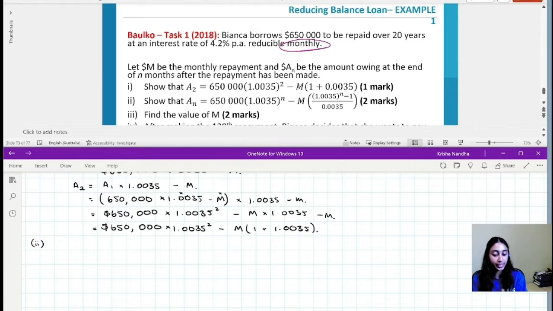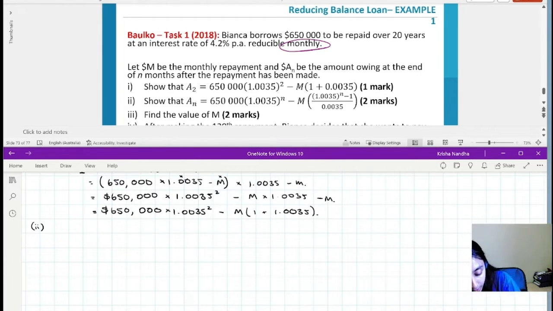Let's go to A3 and see what happens. Can we start to see a little bit more of a pattern forming? So A3 is equal to A2 times 1.0035 minus M.